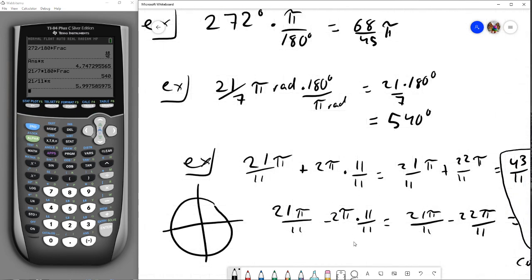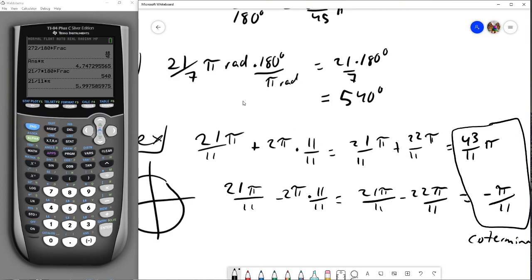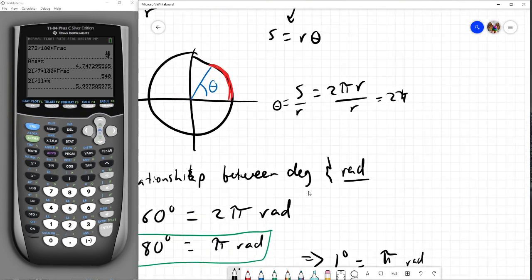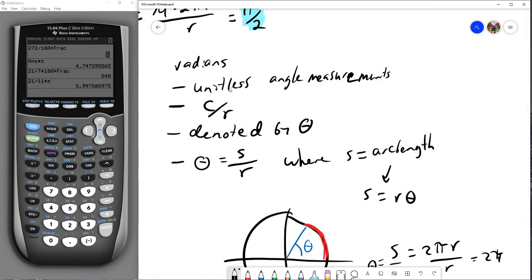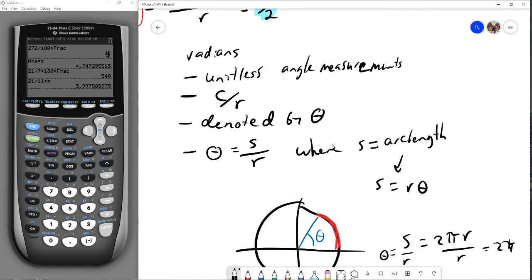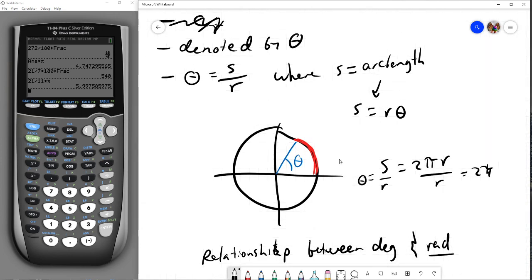We extended our idea of coterminal to include radians, and we thought about radians as a unitless angle measure because it's a ratio of arc length divided by radius, which means that whatever unit the arc length and radius are measured in, that gets canceled out, which is why theta is unitless. And we also noted that arc length s will equal r times theta. So it's a pretty straightforward computation figuring out what arc length itself is.